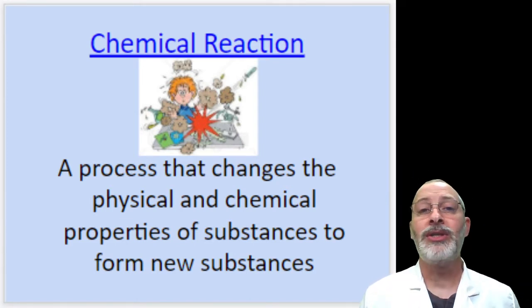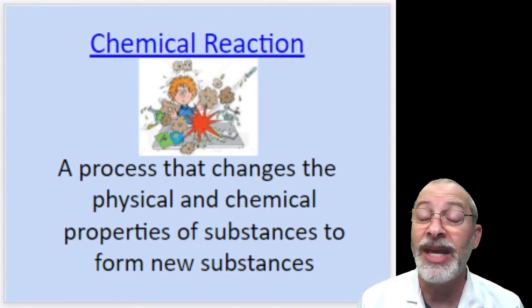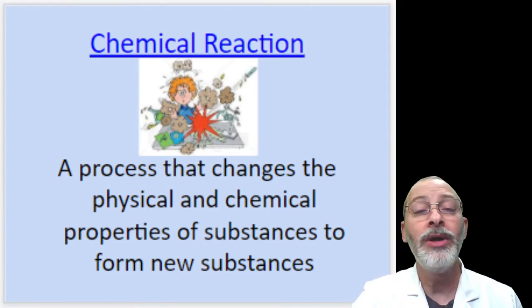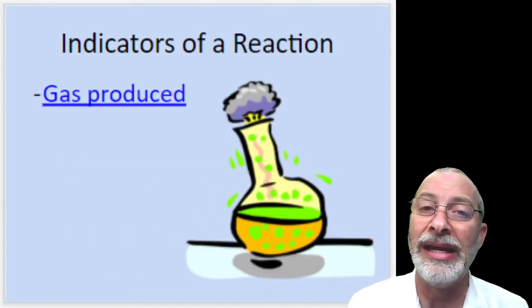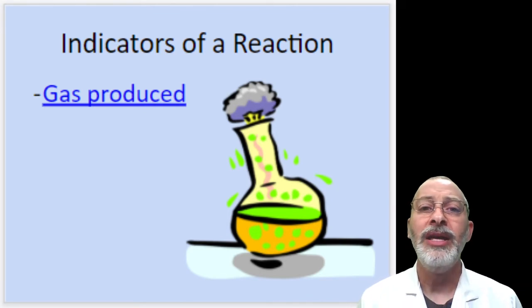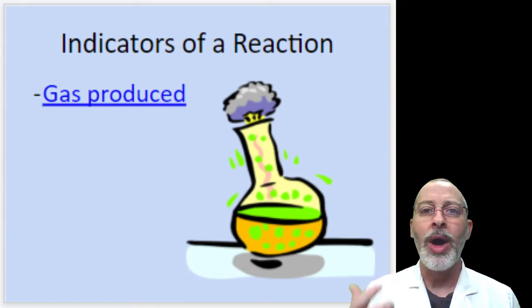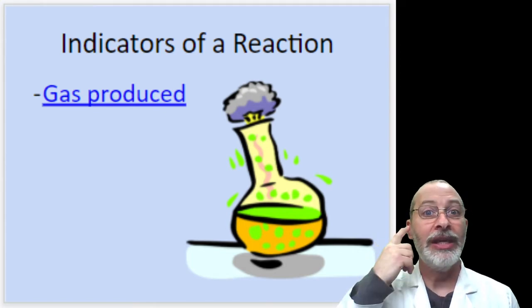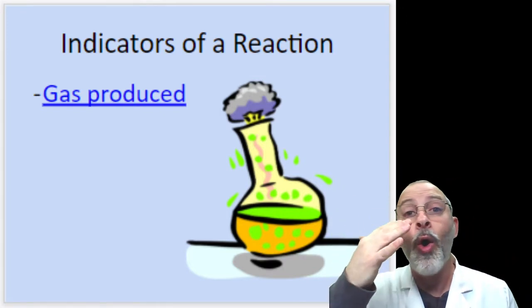Now, how can you tell whether or not a chemical reaction is taking place? Well, what we're going to be doing is learning about several indicators of a chemical reaction. An indicator is something that we are able to observe, whether with our eyes, our ears, our sense of touch, odor.